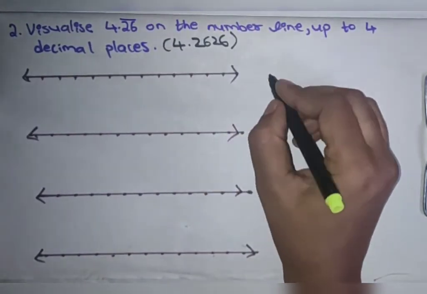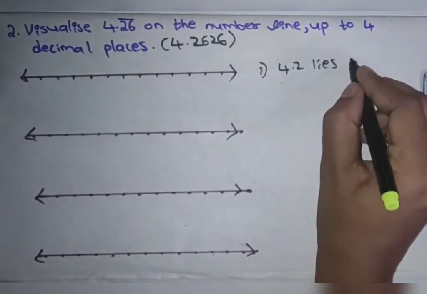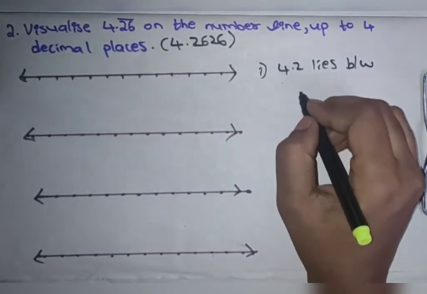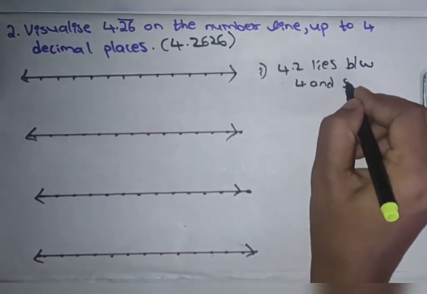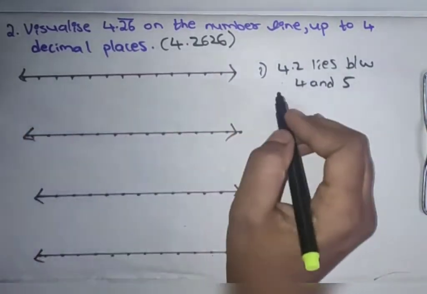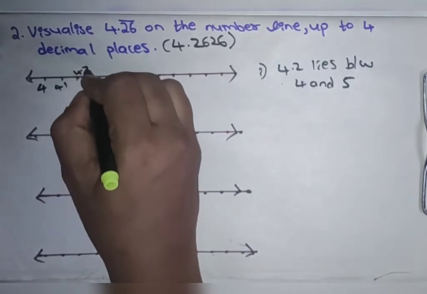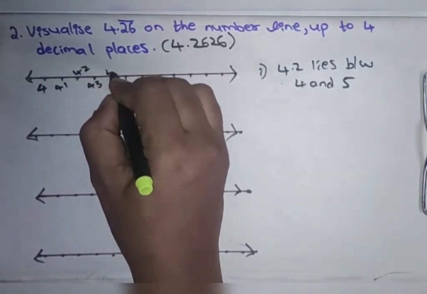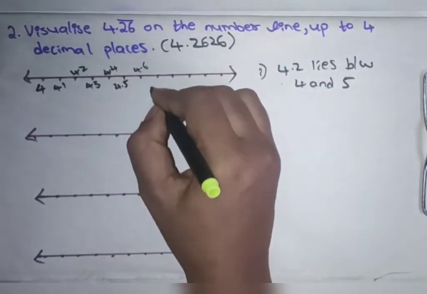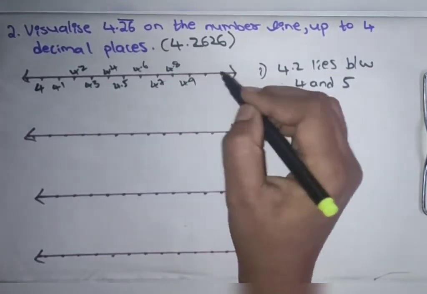Now see only one digit, 4.2. First step: 4.2 lies between which numbers, students? 4 and 5. Any confusion? No confusion. Now 4, first one is 4.1, 4.2, 4.3, 4.4, 4.5, 4.6, 4.7, 4.8, 4.9.